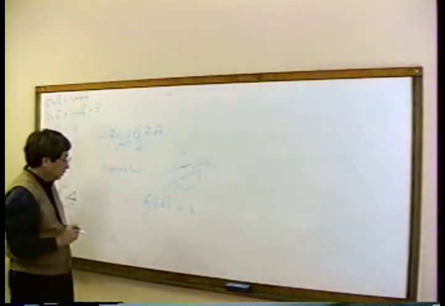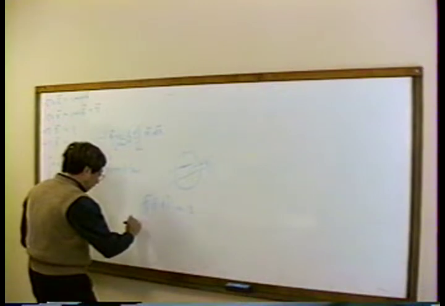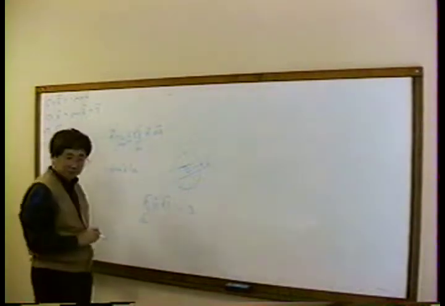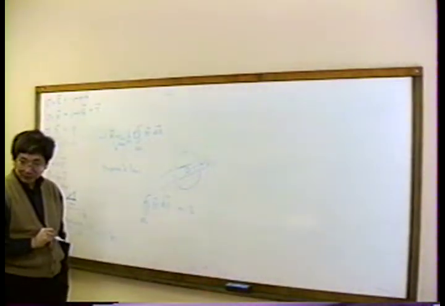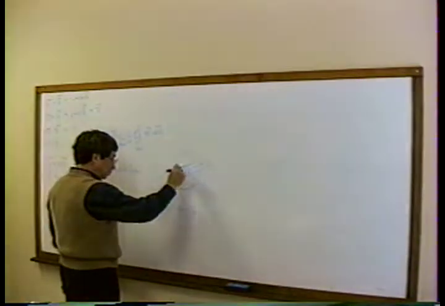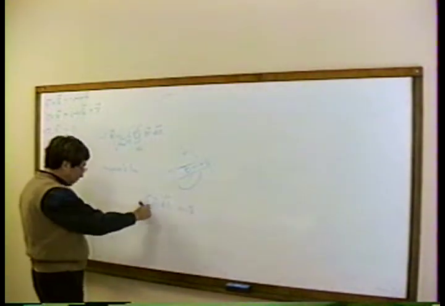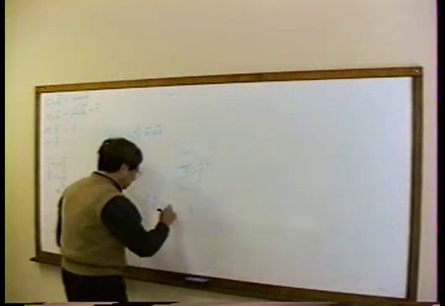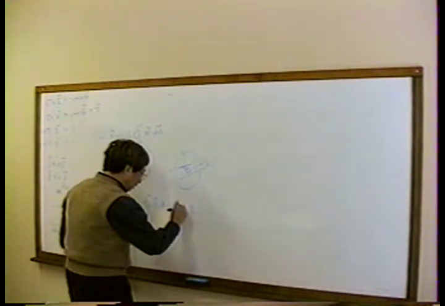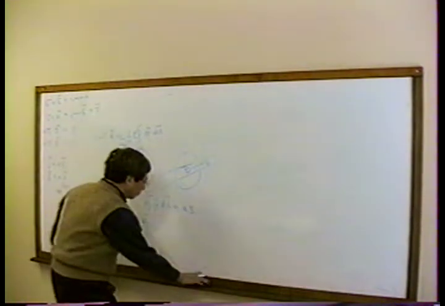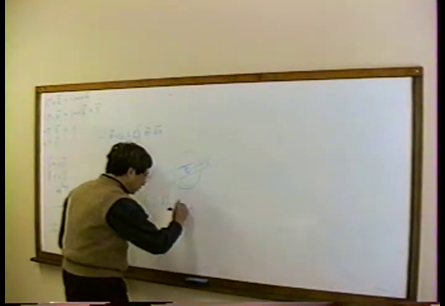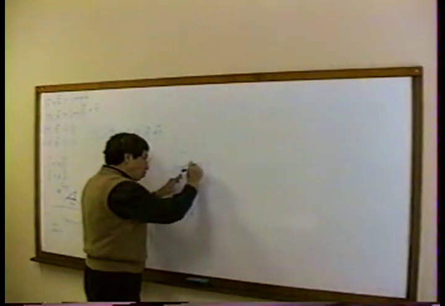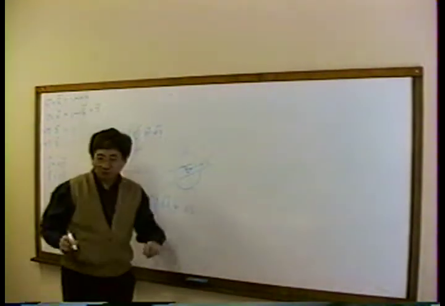If instead of a big loop I have a small loop in here, what will be the result of this line integral? The result is delta I. Delta I is not the whole current, it's only the current inside that loop.